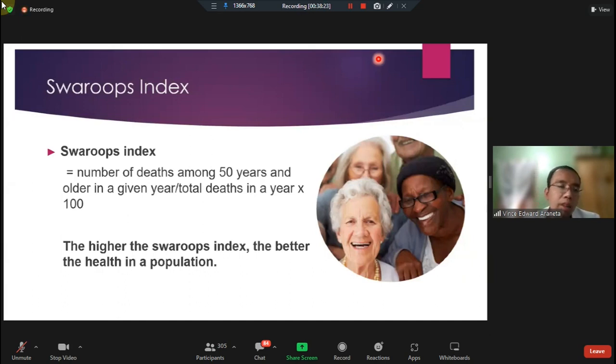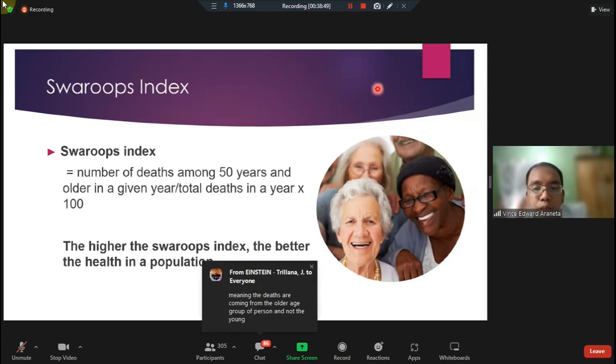Why do you think the higher the Swaroop's index, the better the health in the population or even the whole country? Sometimes the question might just be asking if you really understood the formula or the concept. Anyone? Why do you think?